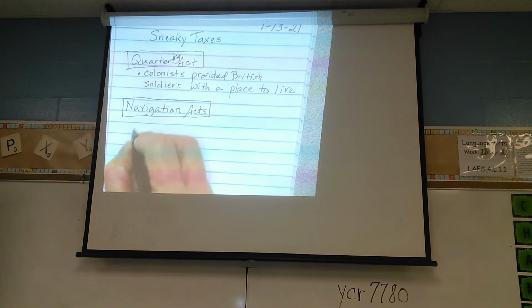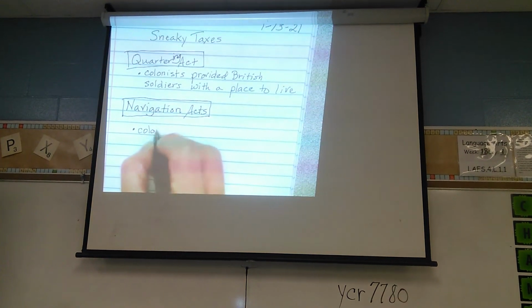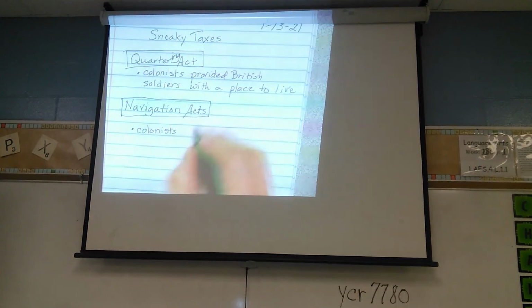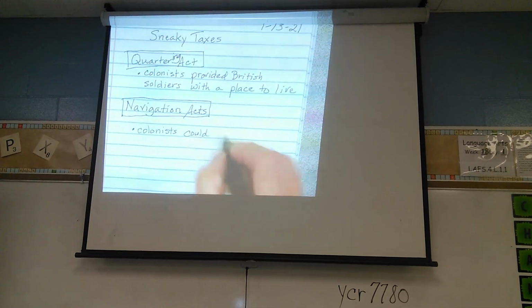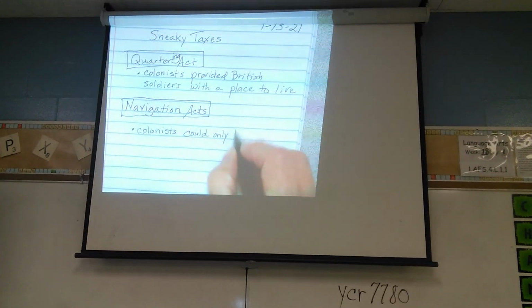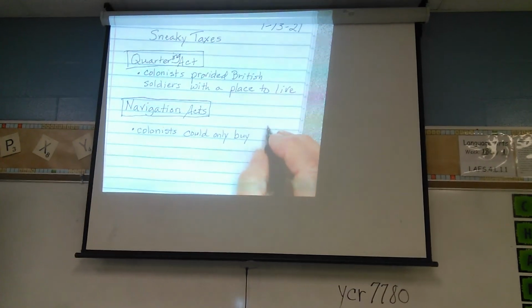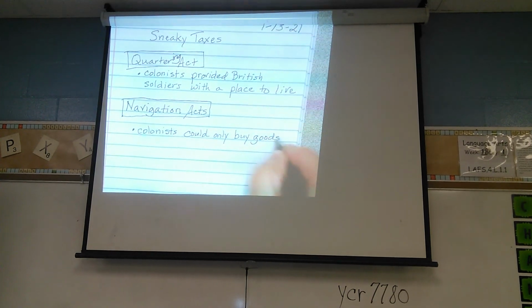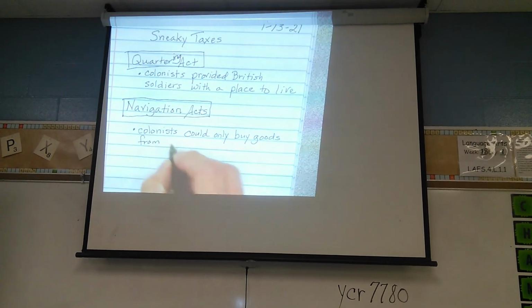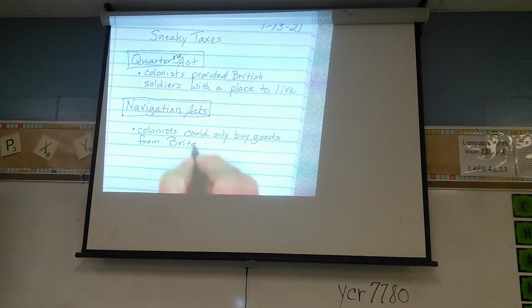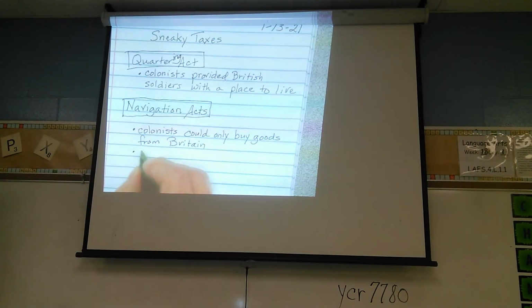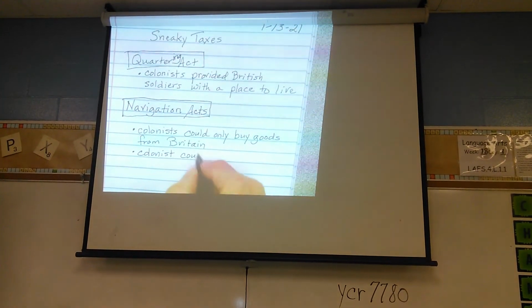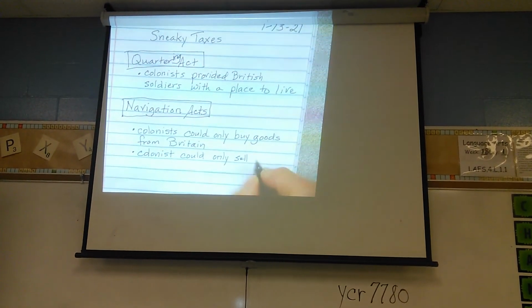So we have our bullet: colonists could only buy goods from Britain. Colonists could only sell goods to Britain.